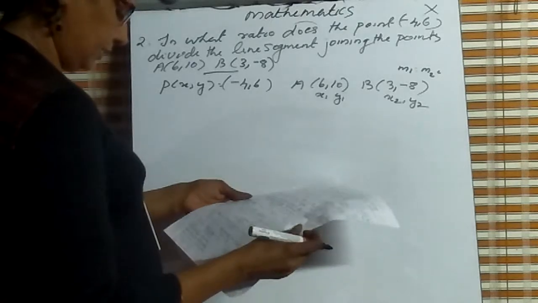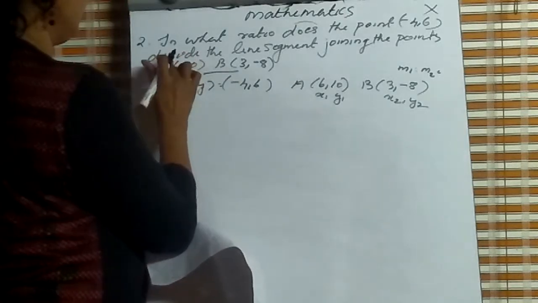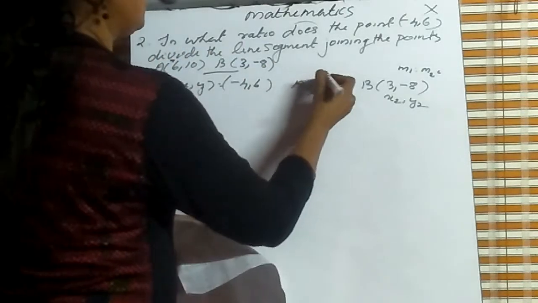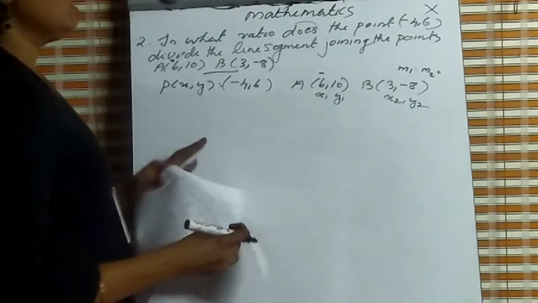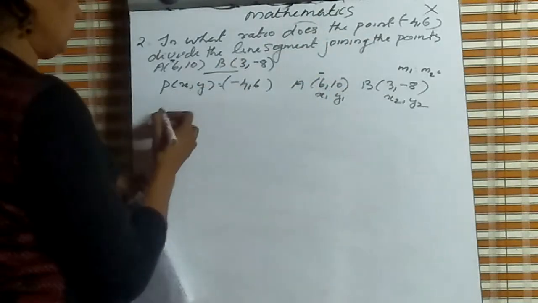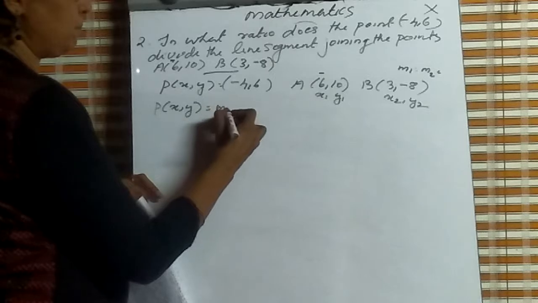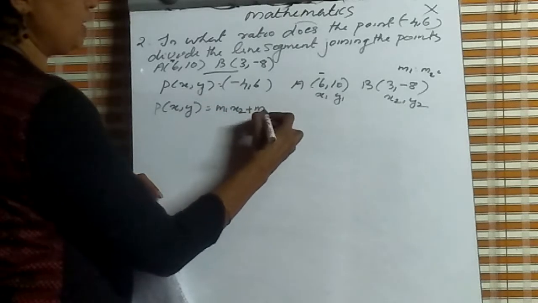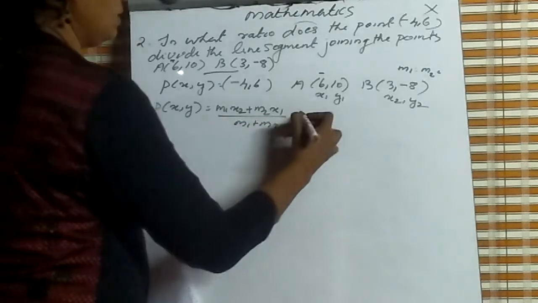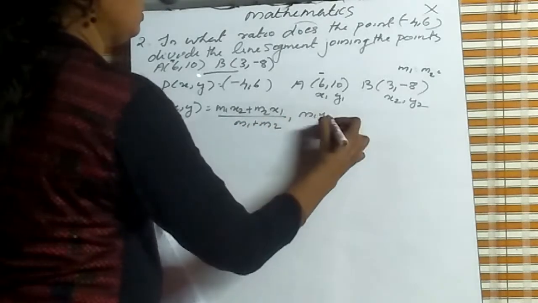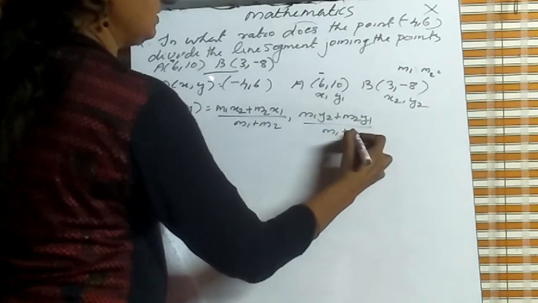Sorry, one change in the question. A is the point (minus 6, 10), and B is the point (3, minus 8). Ratio is m1 is to m2. So our formula is P(x, y) is equal to (m1 x2 plus m2 x1) by (m1 plus m2), (m1 y2 plus m2 y1) by (m1 plus m2).